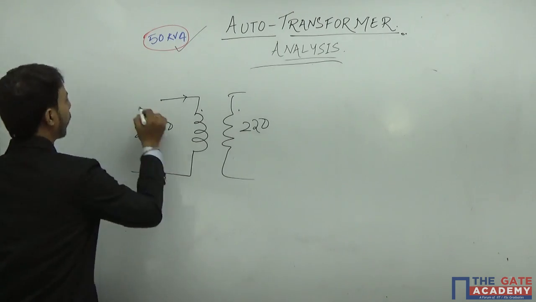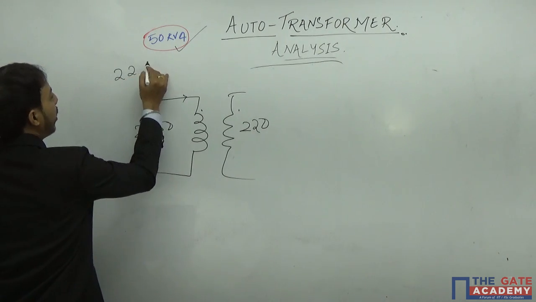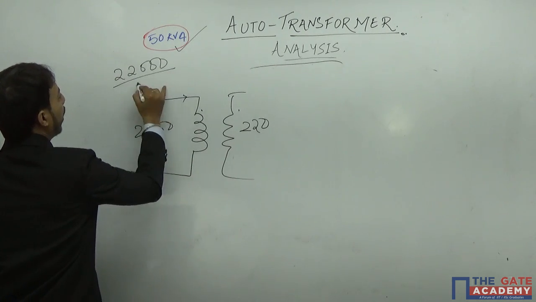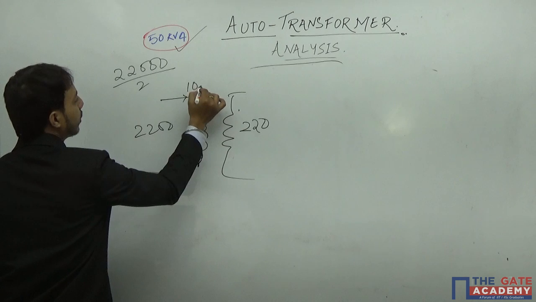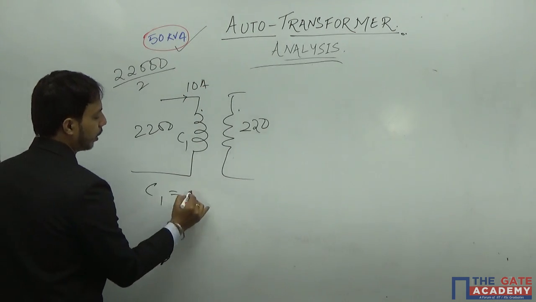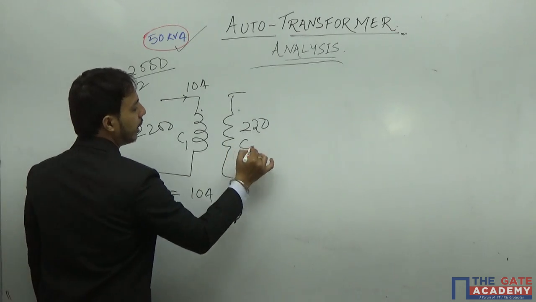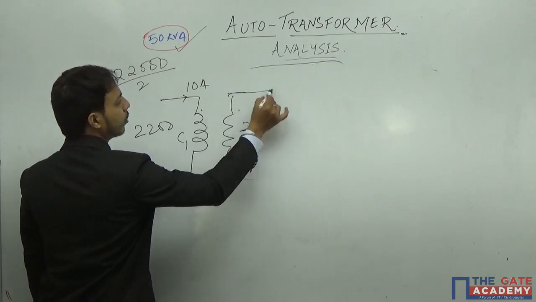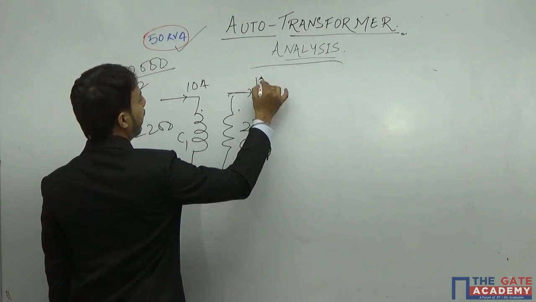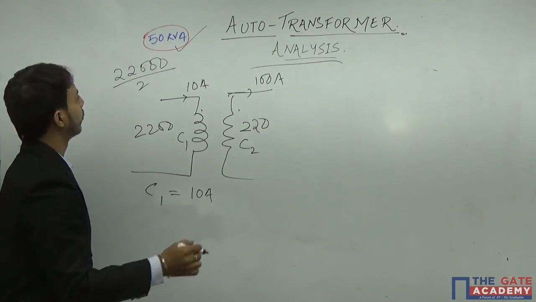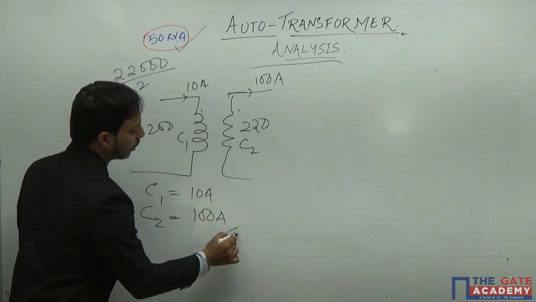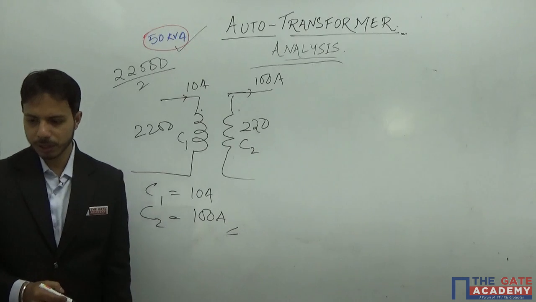I1 will be, the rating is given as 22 kVA, so 22,000 divided by 2200, it is just 10 amperes. Current of C1, so C1 will be having 10 amps. C2 can have 100 amps. So C2 can have maximum 100 amps. The rating is this much.